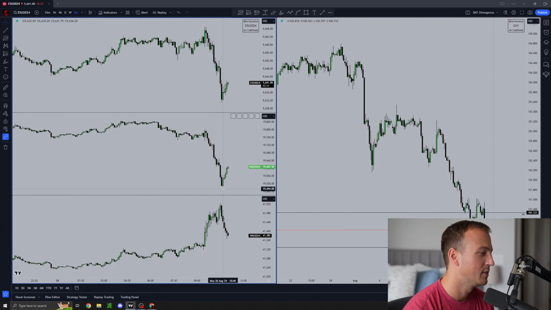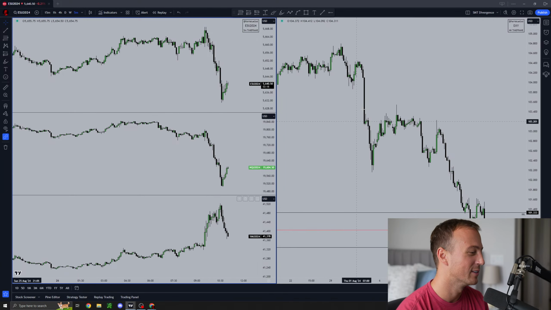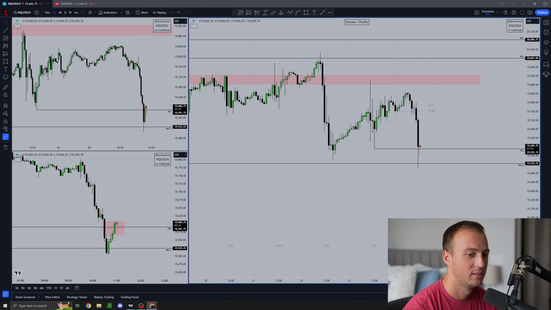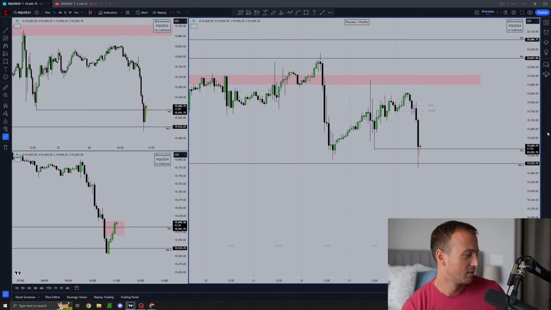Right when they start to retrace up, the same thing happened but inverse on the Dow. Technically they should move pretty close to one another, but for the past few months, in my opinion, it's kind of been the opposite.